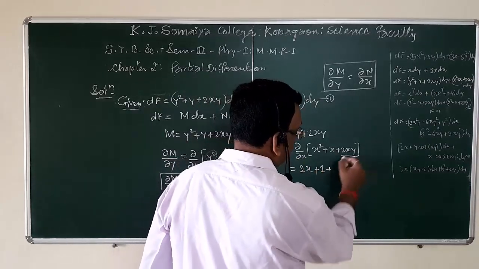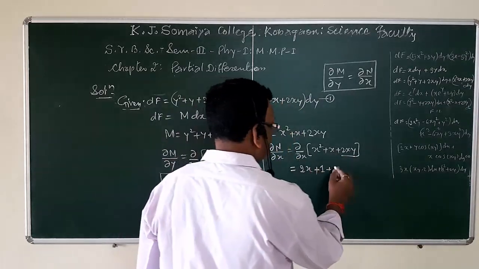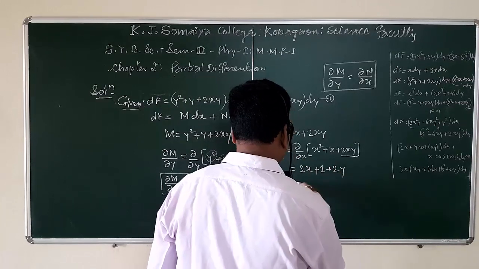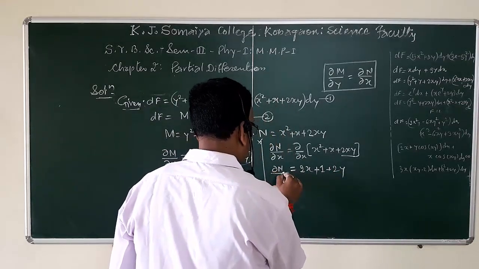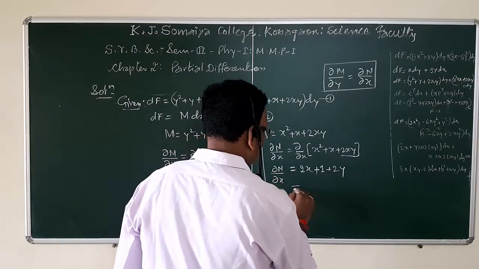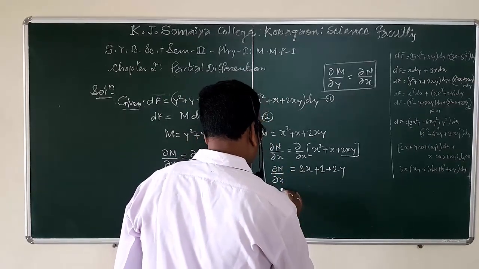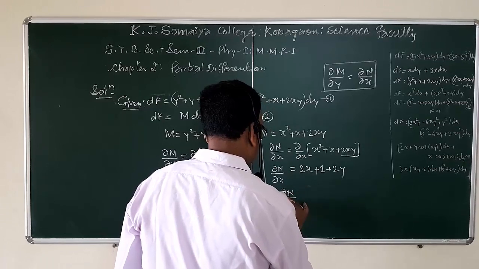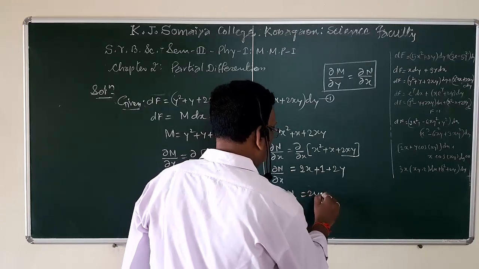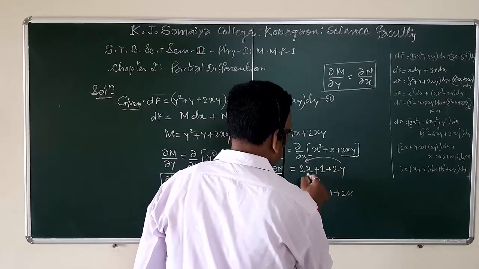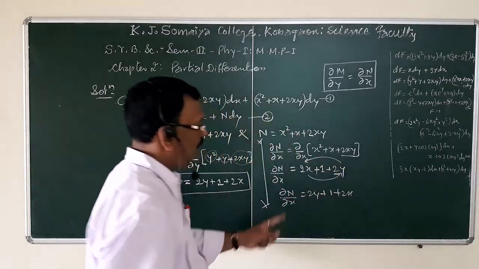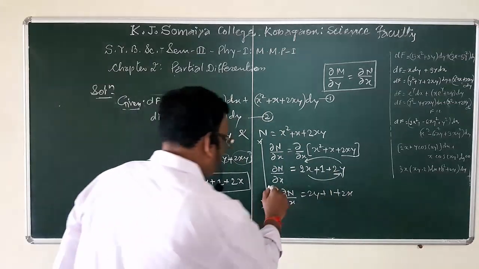And differentiation of 2xy with respect to x is 2y. That is ∂n/∂x. Or simply we can write ∂n/∂x is equal to 2y plus 1 plus 2x. We only interchange these two terms and we get this.